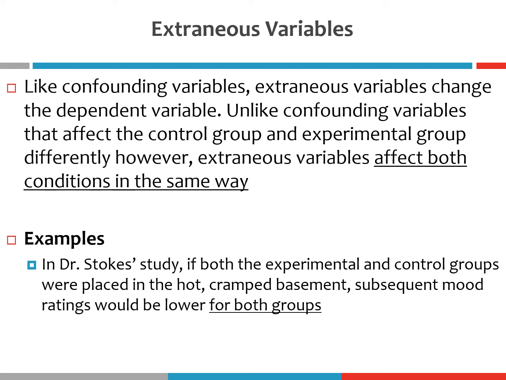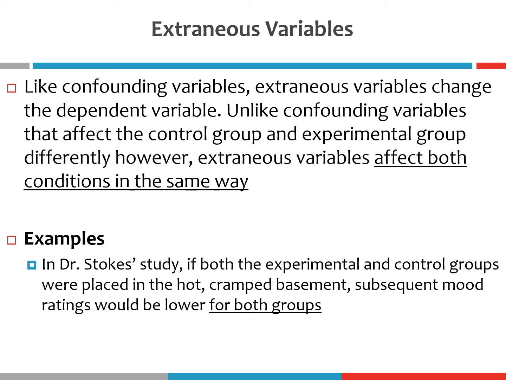Because again, we want the only thing exerting an influence on the dependent variable to be the independent variable, right? But unlike confounding variables that affect the control group and experimental group differently, extraneous variables affect both conditions in the same way, okay? So let's look at an example.